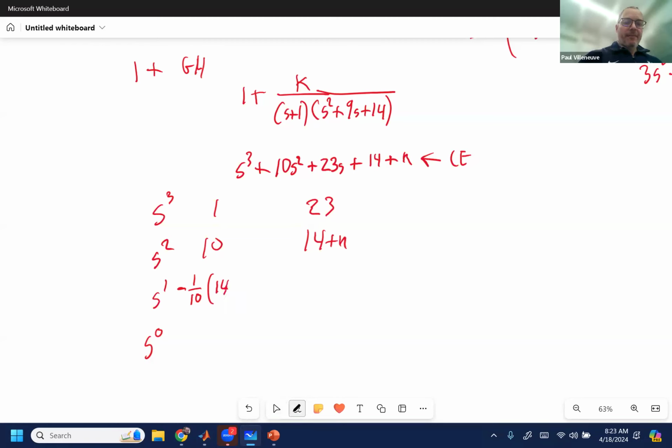And this is 0. I'm only interested in doing the Routh-Hurwitz up to this point because I'm trying to get the complex numbers. So I've got to make this row go to 0.